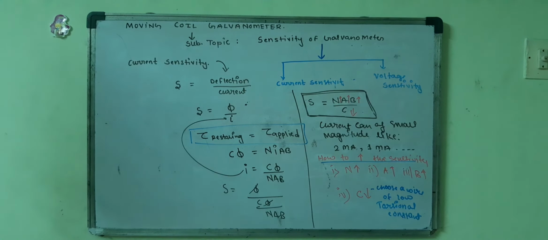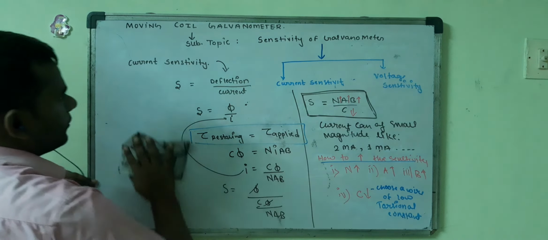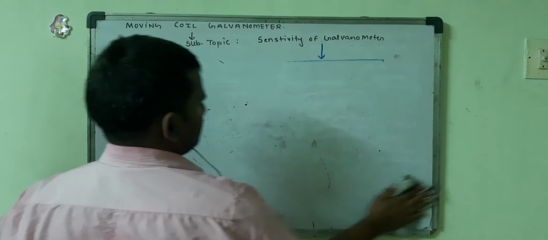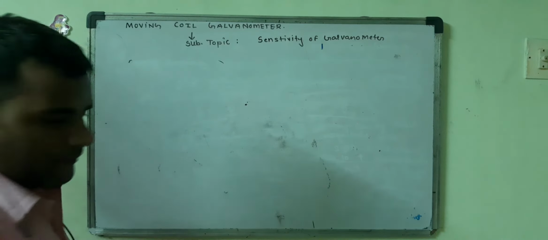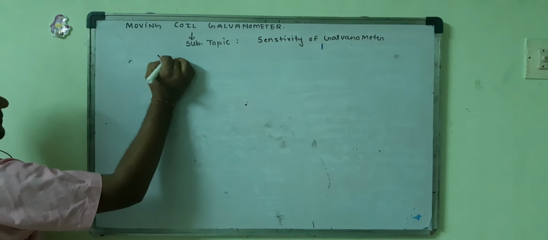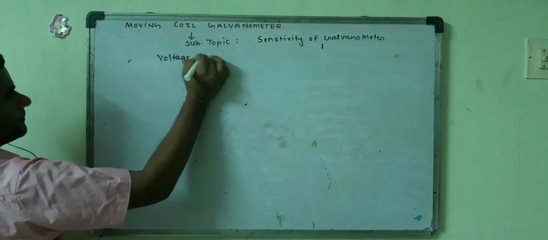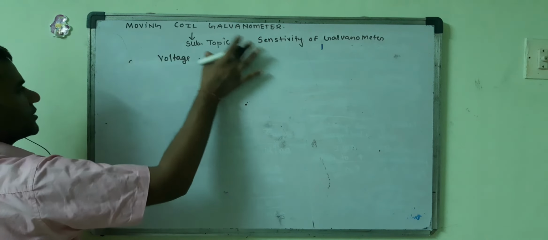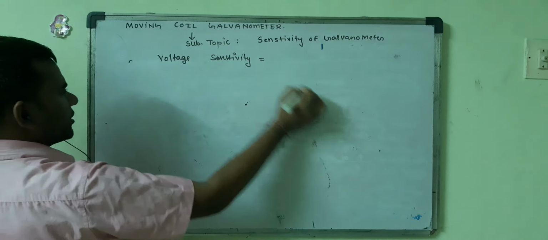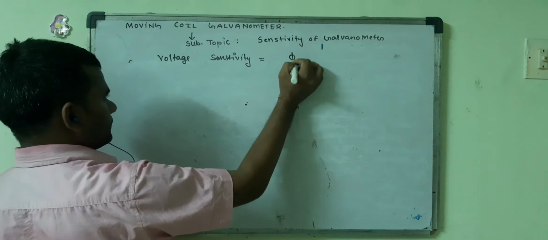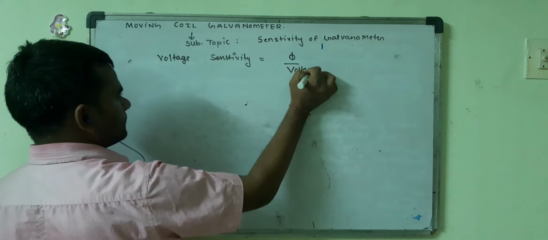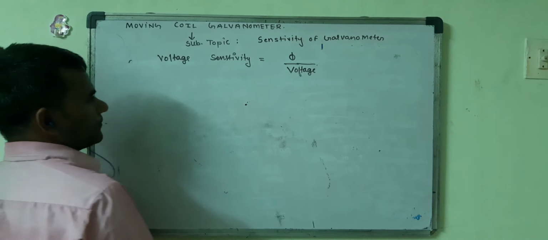To define this, let us take this example. Voltage sensitivity is nothing but the same thing: phi divided by voltage, the voltage drop.